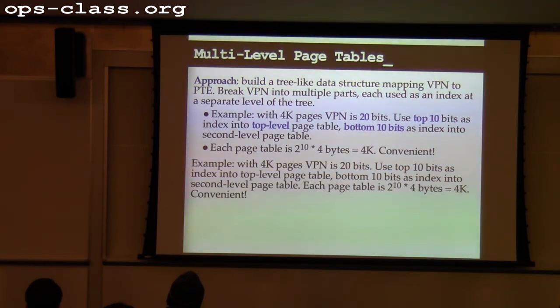Each entry is 4 bytes, so it's 4K. All of the second levels are also 4K, which is nice because pages are 4K. Now I have a data structure where each piece is a unit of a page. Maybe that's why people like 4K pages. I think if you make 8K pages or 2K pages, this stops being so nice, but with 4K pages it all works out really nicely.